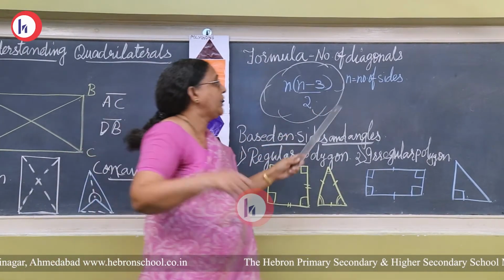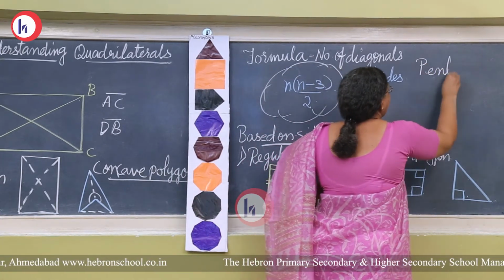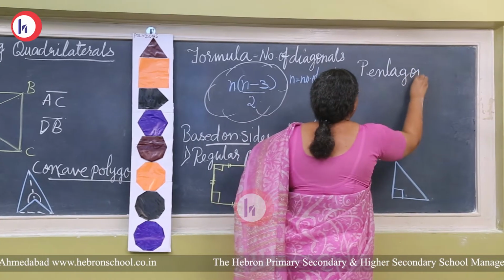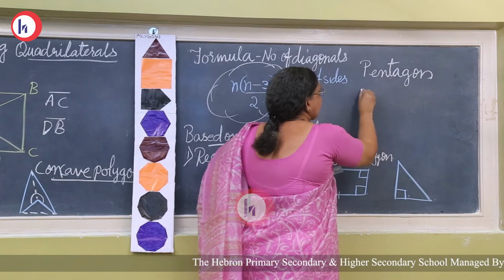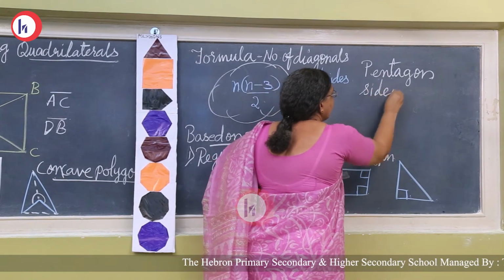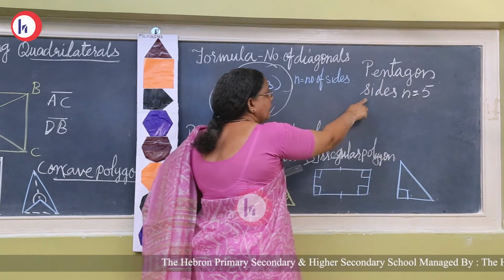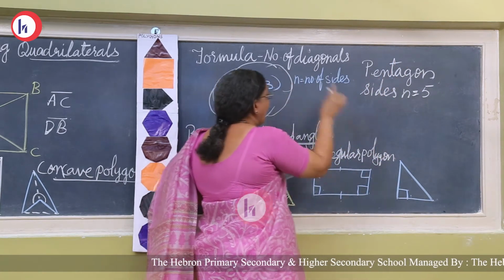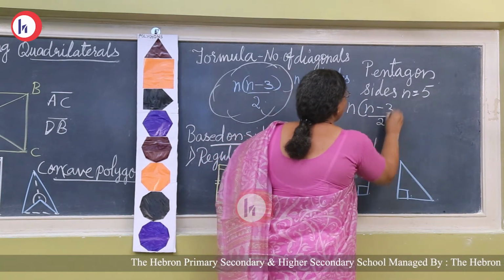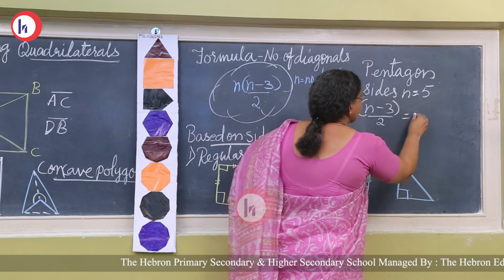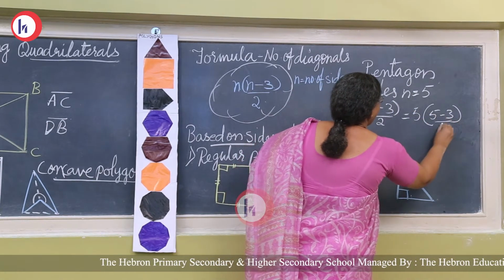Here one example we can take, that is the pentagon. Can you say how many diagonals are there? Pentagon means n is equal to how much? 5. Now how many diagonals will be there? Use the formula n into n minus 3 upon 2. Substitute 5: 5 into 5 minus 3 upon 2.